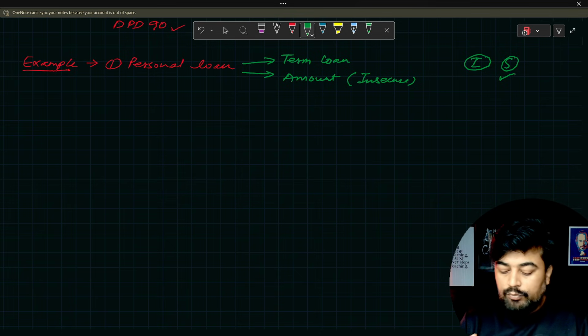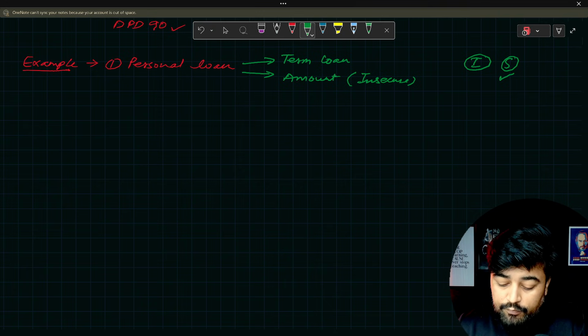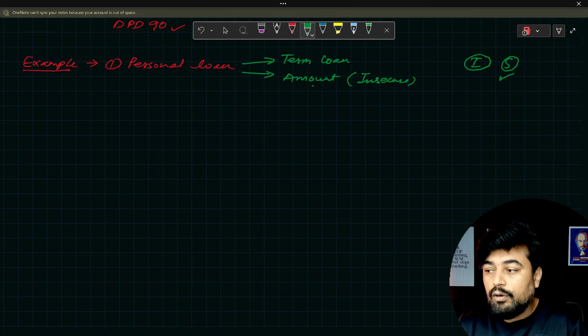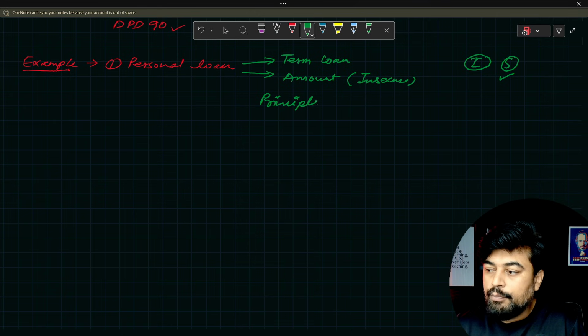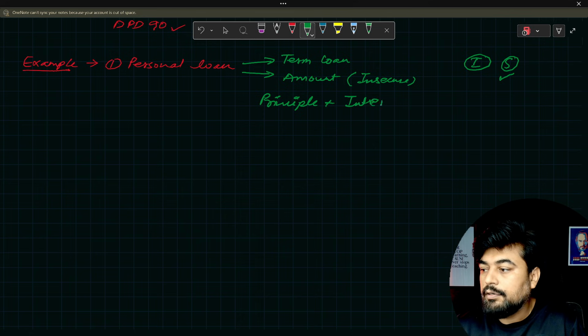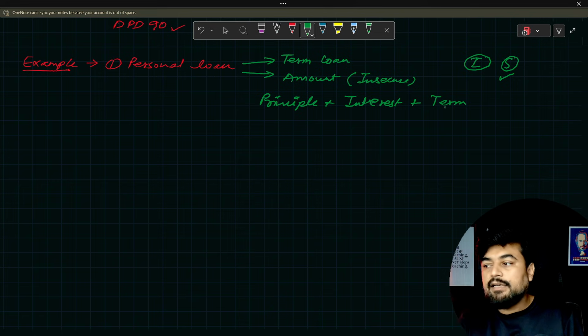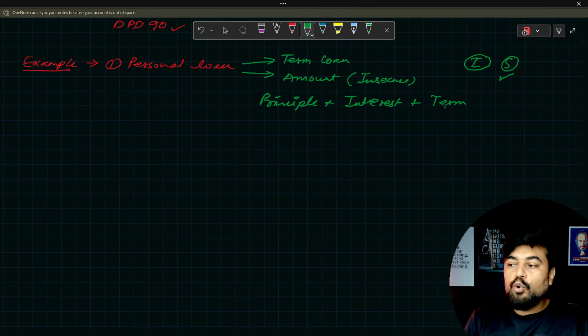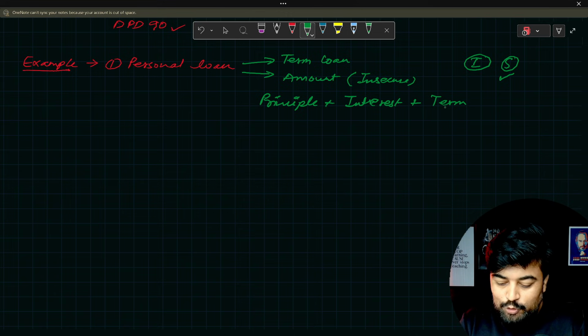Now, coming back to the personal loan, when you combine the term of the loan and the overall amount, there are three components: principal plus interest plus your term. This is very simple. Okay guys, I am not going to dive deep into what principal is. Principal is the main amount, right? All of you should know that by now.